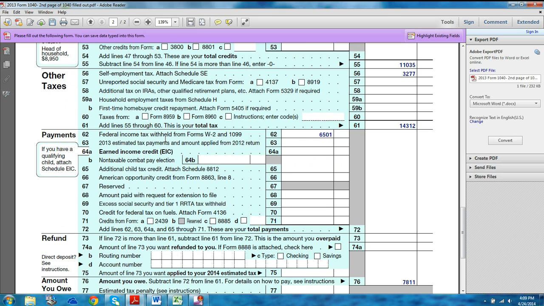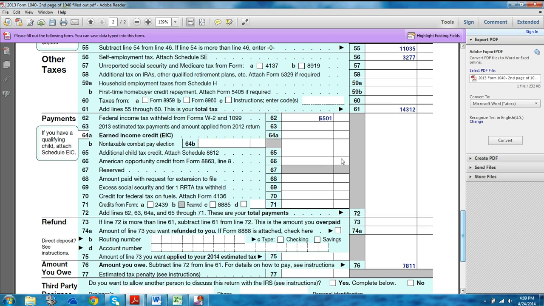We have federal income taxes withheld. That's all he has to chip away with. That's from his W-2. And then we have tax payments. This person should have made tax payments because he had some self-employed income, but he chose not to.